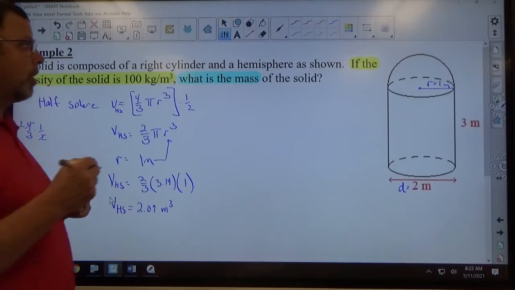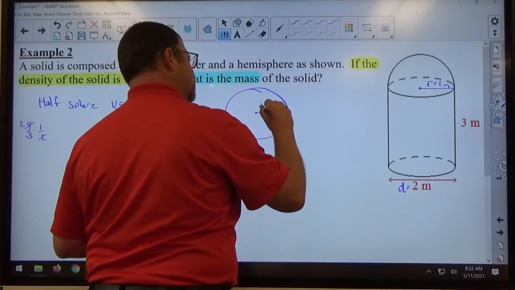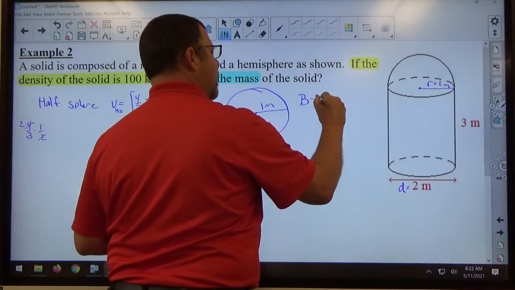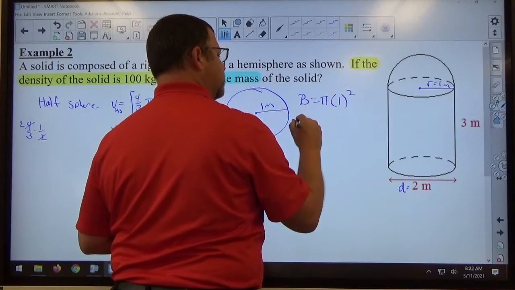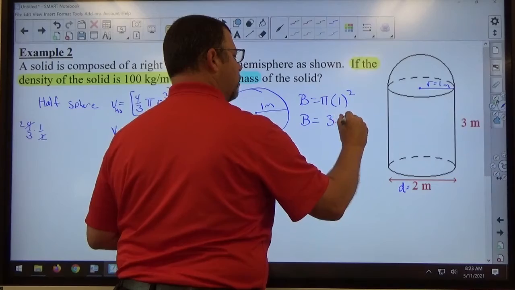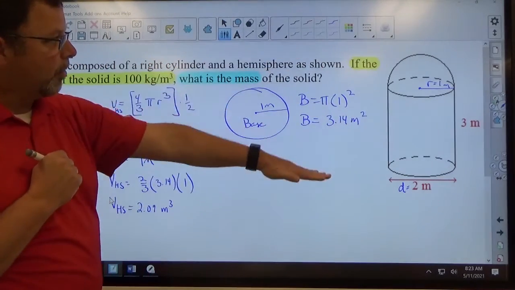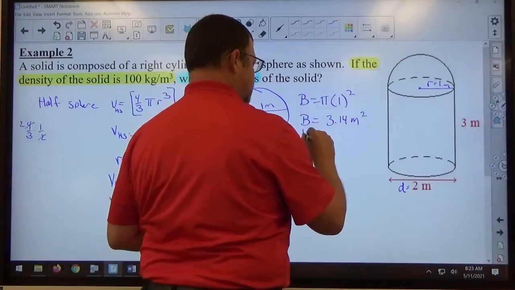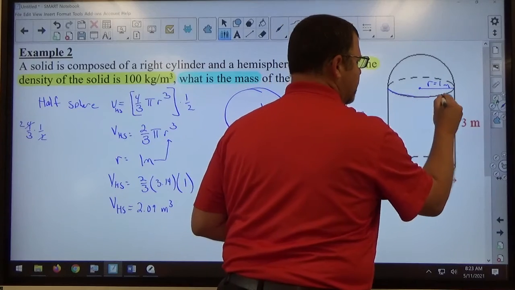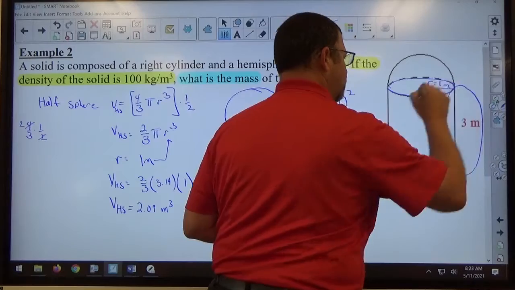Okay, for the cylinder, going back to chapter 11.2, how we found the cylinder volume was, first off, we drew the base. The base is a circle, radius 1. We find the area of the base, which is pi times the radius squared. That's just 3.14 times 1, so 3.14 square meters is the area of the base. The height of the cylinder is 3 meters: it starts here, it ends here, and the distance between the two bases is 3 meters.